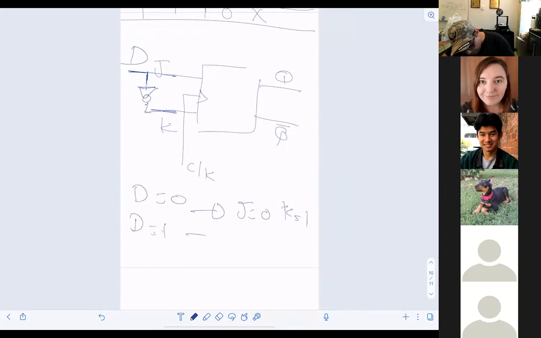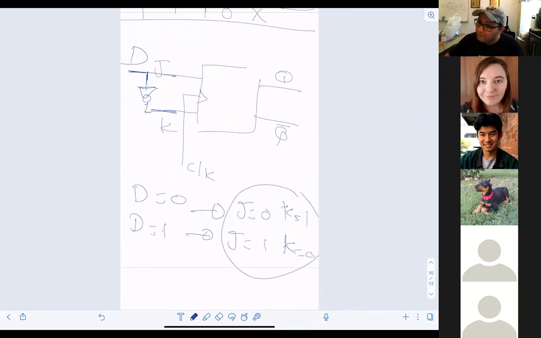If D is equal to 1, that means J is equal to 1 and K is equal to 0. Those are the only 2 states I'm using from the JK flip-flop. Do you agree? Yes, you don't have the 0, 0 or 1, 1. Exactly. Who's going to have them? T flip-flop.